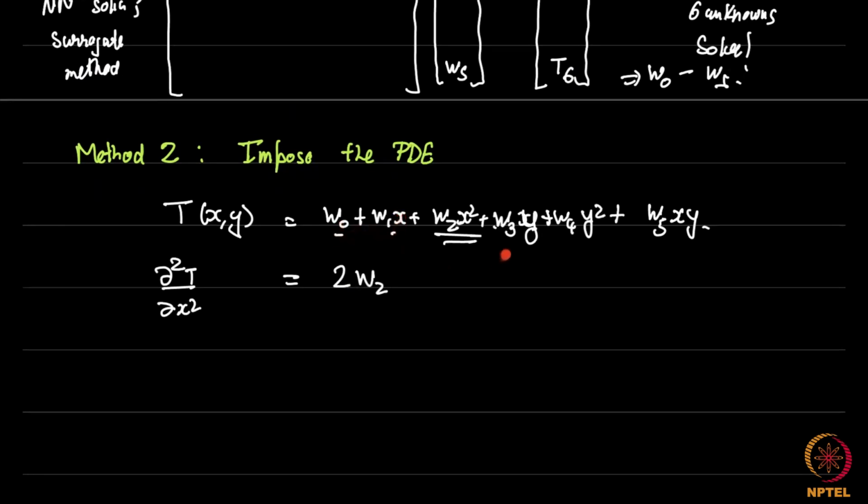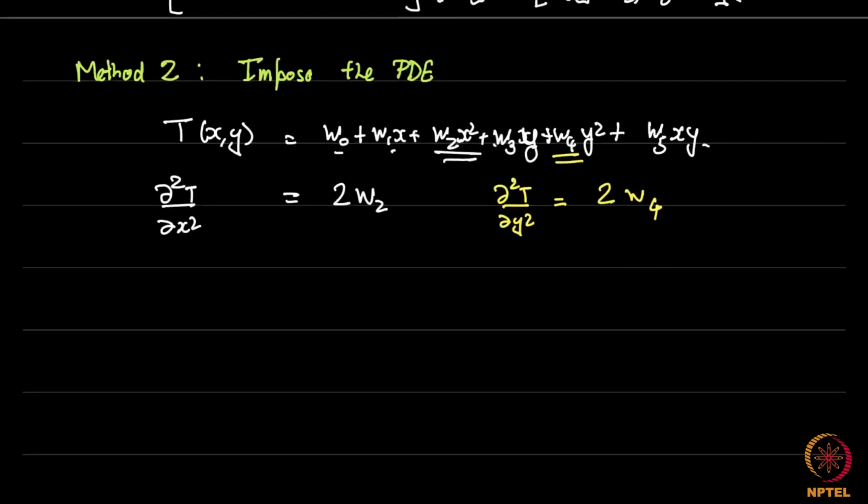So W0, W1, simply differentiate the expression for T and you get this expression. What about del square T del y square? Del square T del y square will give you 2 W4. So we now get the equation that W2 plus W4 equal to 0.